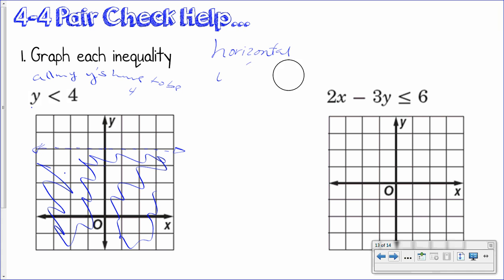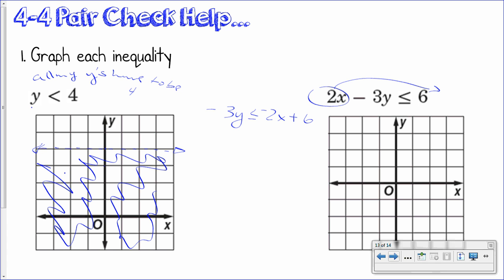Okay, what do I got to do on number 2? Turn it into slope-intercept form. Alright, goes over there. And now what? Okay, what happens to my inequality? It flips. So I'm going to go ahead and take care of it right now.